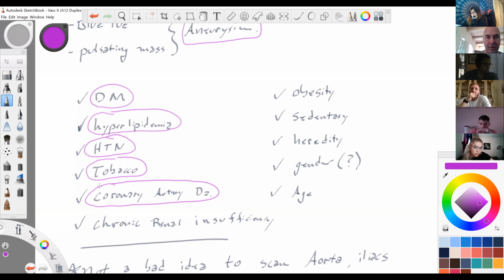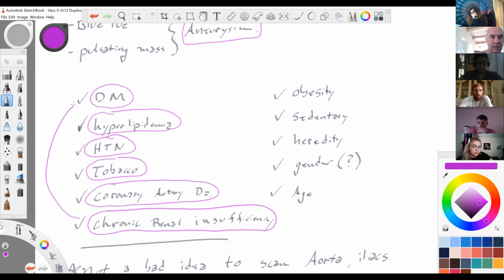You're probably seeing it in other parts of the body. Chronic renal insufficiency, which really is also a common problem of diabetes mellitus. Obesity in general is not good for the arteries.